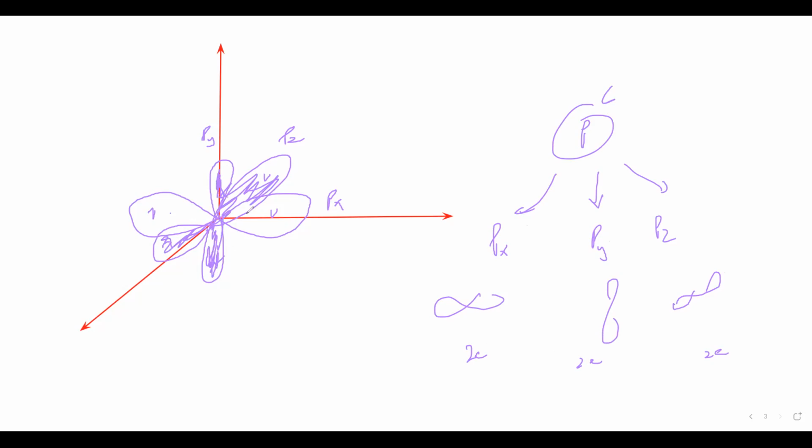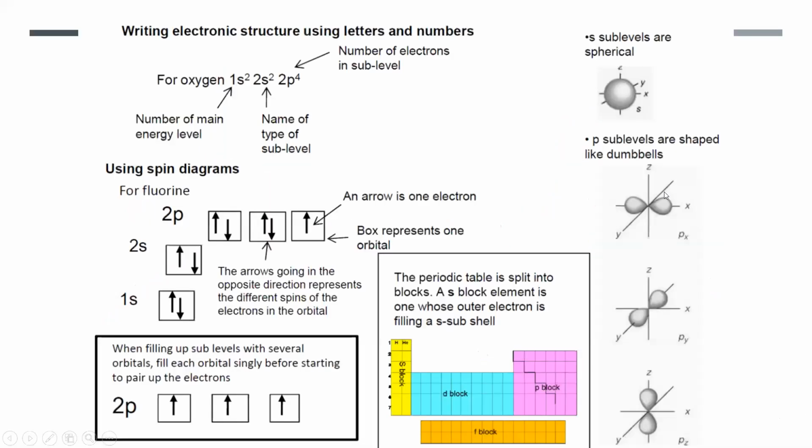What does it mean? It means the probability of finding the electron is maximum. We can find the electron anywhere within this region, so we call that an electron density map. So px, py, and pz are actually parts of the p subshell, or p sublevel. So the p sublevel is divided into orbitals, the px, py, and pz.